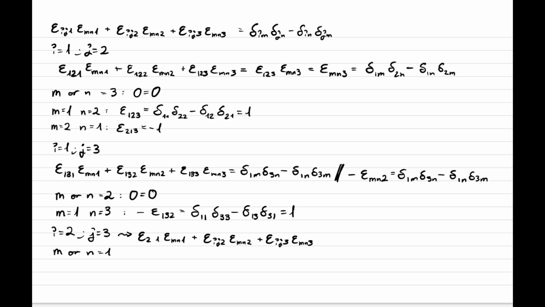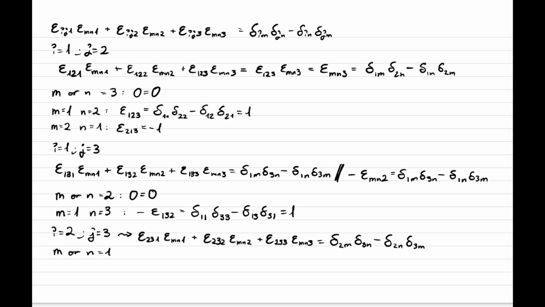It's going to be 2 and 3, also 2 and 3, and also 2 and 3, and here there was a 3. So two repeated indices, this term vanishes, two repeated indices, this term also vanishes. And this is going to be equal to this combination of deltas, 2m 3n minus 2n 3m.